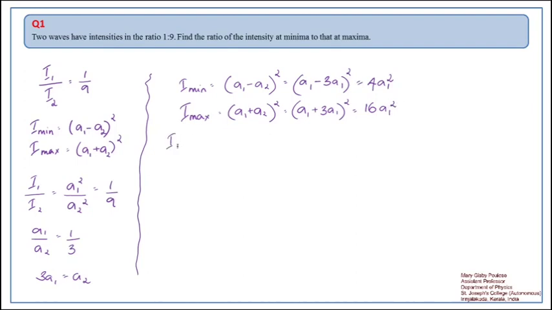Hence, I minimum divided by I maximum, the ratio of minimum intensity to that of maximum intensity is obtained as 4A1 square by 16A1 square. That is 1 divided by 4. So from this we get the inference that the bright fringe is 4 times more intense than the dark fringe.